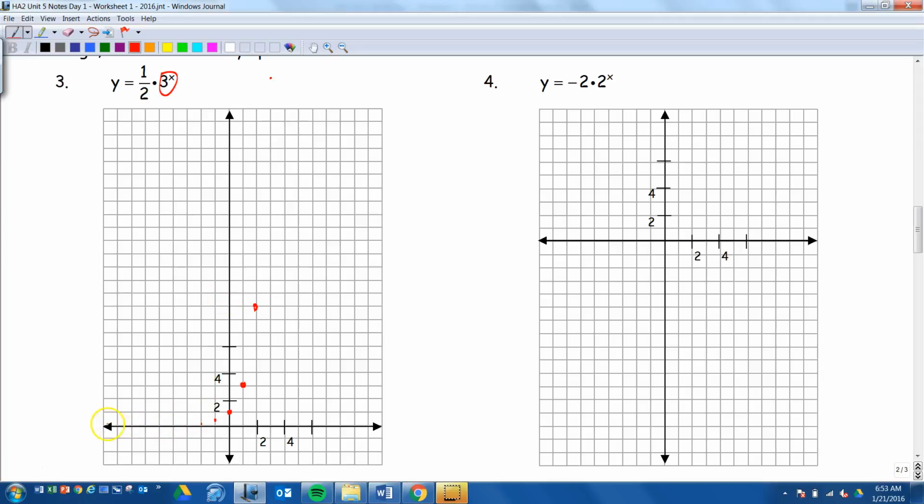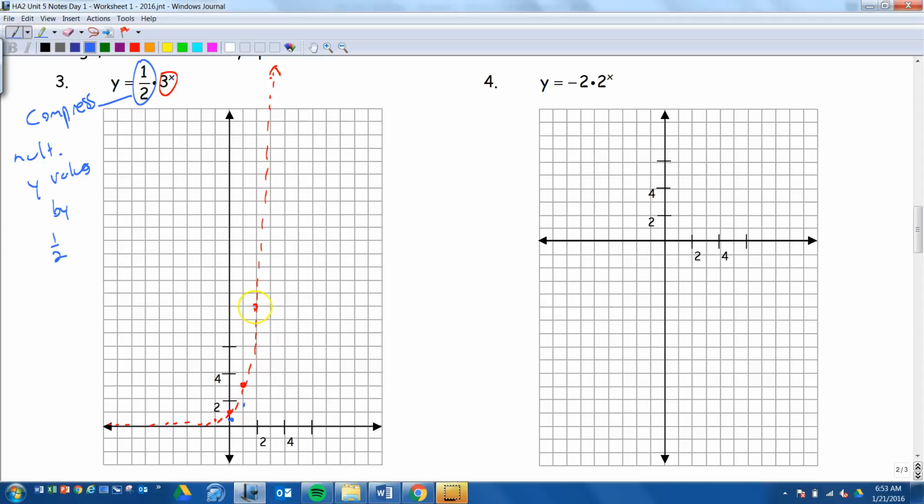So here's my parent graph. Okay, so what this 1/2 does is it compresses it. This 1/2 compresses, which means you multiply the y values by 1/2. So all that does is say, well, at this point now we're at 1/2. This point was at 3, so now it's at 3/2.